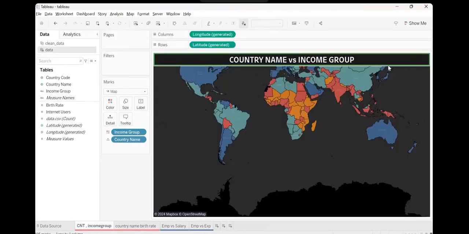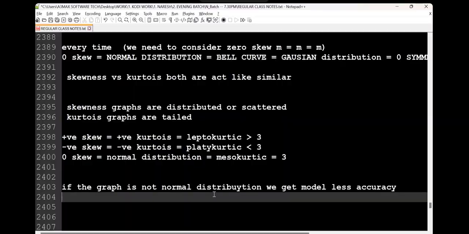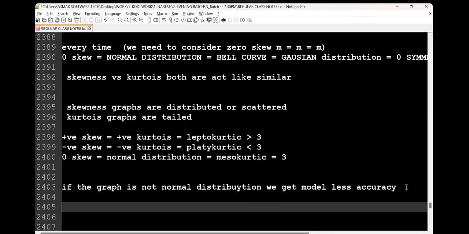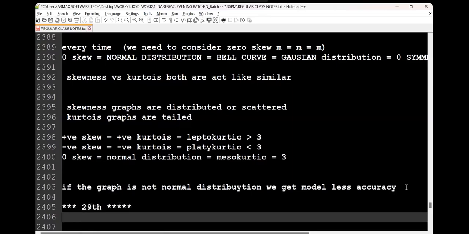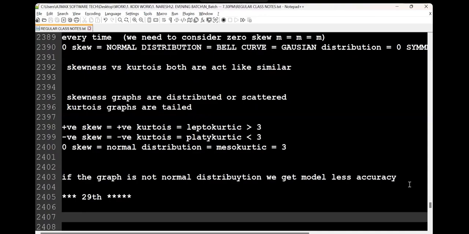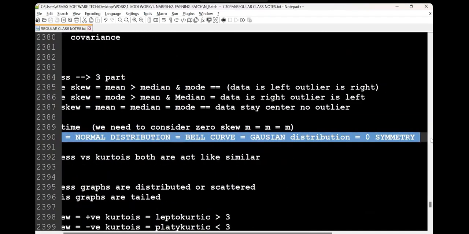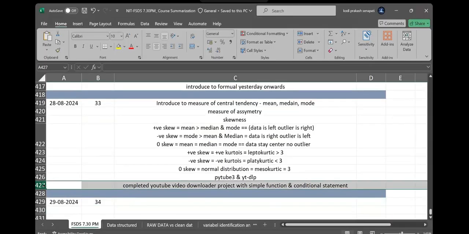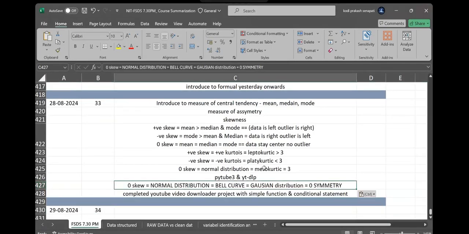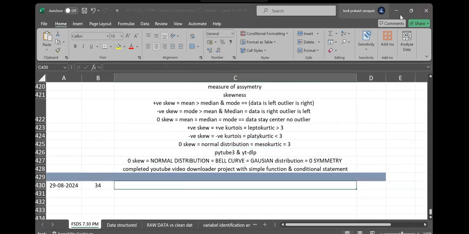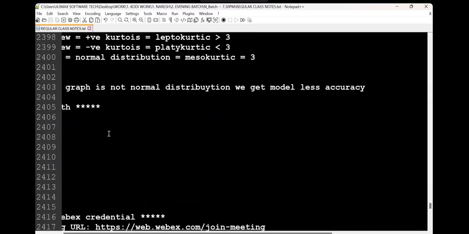Which distribution do we always need to consider, guys? Normal distributions.